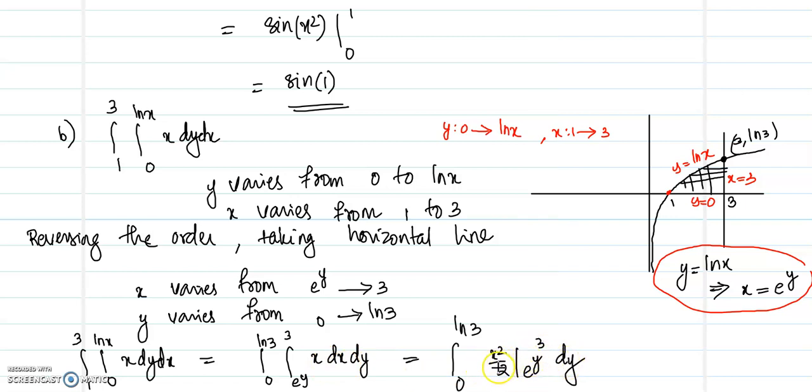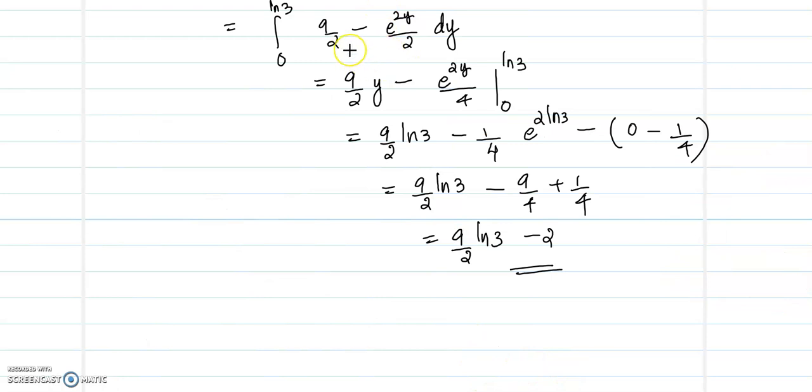So applying the limits, you will get 1 by 2 times (9 minus e raised to 2y). Then integrate with respect to y. So we'll get 9 by 2 y minus the integral of e raised to 2y by 2, which will be e raised to 2y by 4.